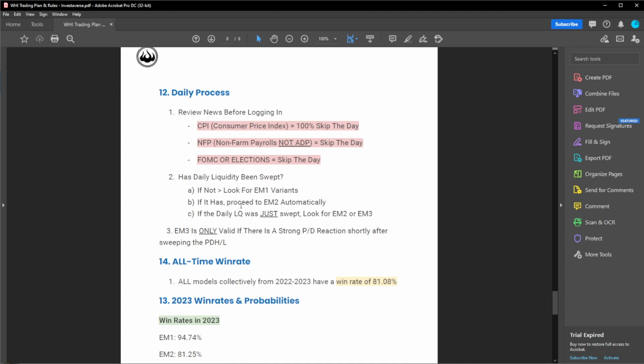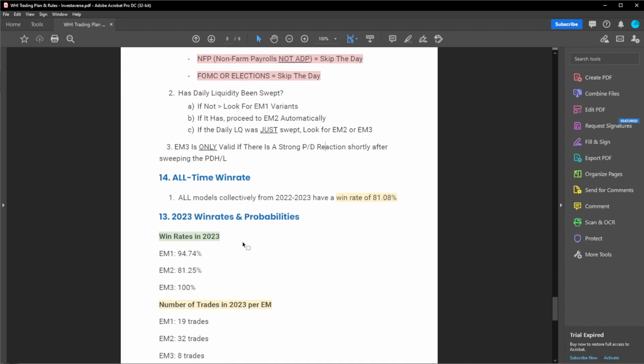If it has, proceed to EM2 automatically. However, if the daily liquidity was just swept, look for EM2 or EM3, right? EM3 only works if the previous day high or low was just swept, and we had a strong PD array reaction shortly after sweeping the daily liquidity.